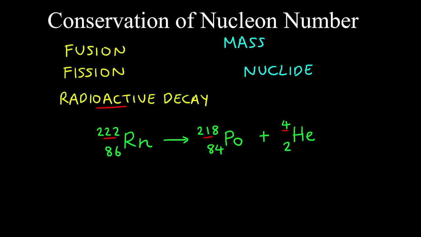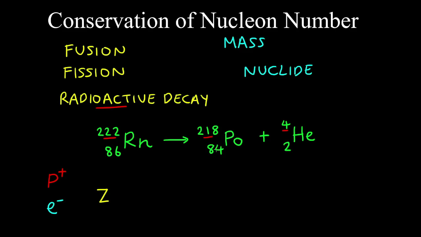And when we look at the conservation of charge, we only focus on the charge of the protons in a nuclear reaction. Whereas in chemistry, when we dealt with chemical reactions, we focused on electrons. And remember that the atomic number, being the number of protons, identifies the type of element we're dealing with.